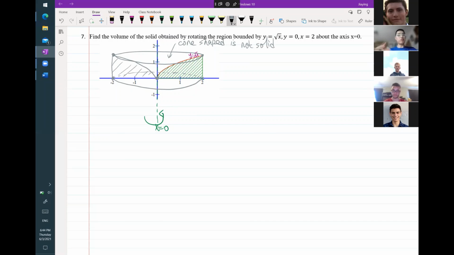Right. So if we want a circular cross section, we cannot slice it vertically. Again, we have to do like we did earlier. We have to slice the solid horizontally. And if we slice it horizontally, let's just say this is one slice. That dotted line in the back has a thickness.